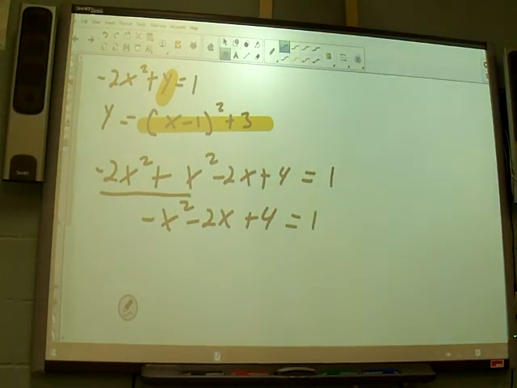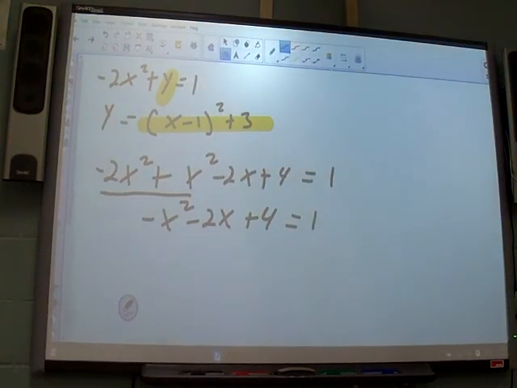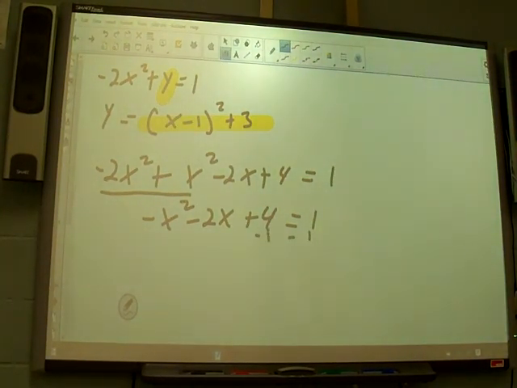Okay, so we've almost got a quadratic in standard form. What could I do to get this thing in standard form? Good. So that would give me negative x squared minus 2x plus 3 is equal to 0.